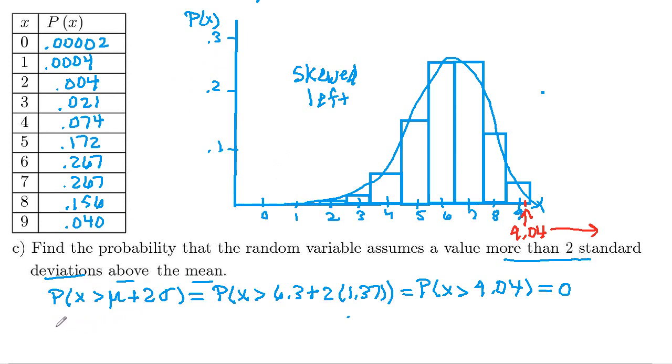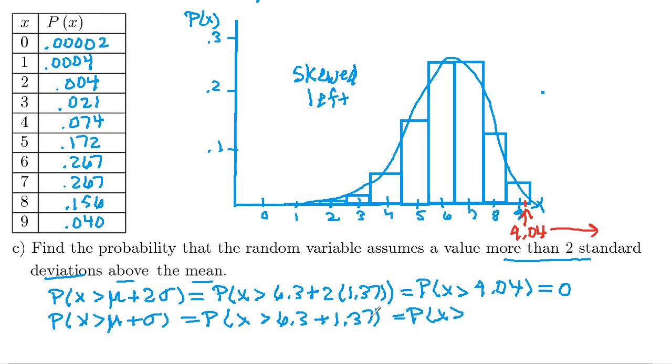So, for example, what's the probability that we were more than one standard deviation above? So what's the probability that x is greater than mean plus sigma? So that would be the probability that x is greater than 6.3 plus 1.37, one standard deviation. So that's going to be the probability that x is greater than 7.67. So the values that are greater than 7.67, that'd be about in here.